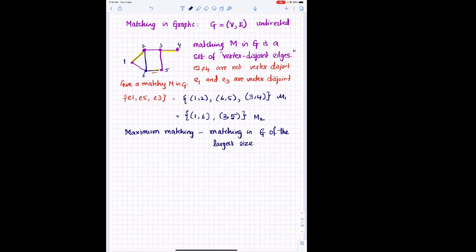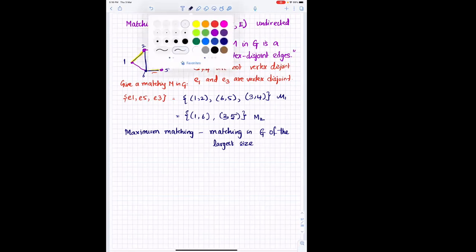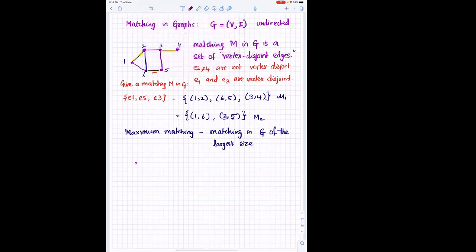So is the maximum matching unique? In this graph it is, but in general graphs, let me draw one more graph. I hope this example works. Let's see. Correct.